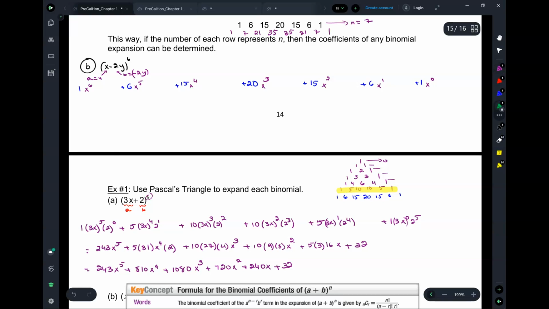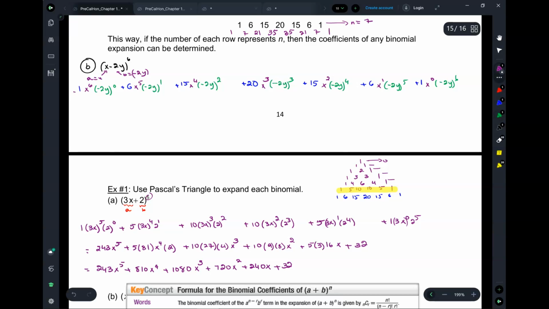And then it's negative 2y to the 0, 1, 2, 3, 4, 5, 6. Honestly, however you want to do it, right? I trust you at this point.